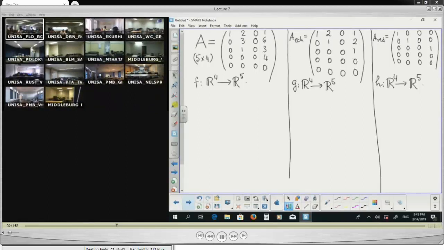Now let's do it again. What do I mean by this A represents this? The linear transformation part is very clear. This is just multiplication by A. Here also it's true. It's multiplication by A.